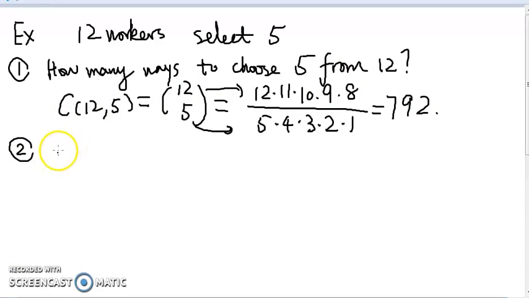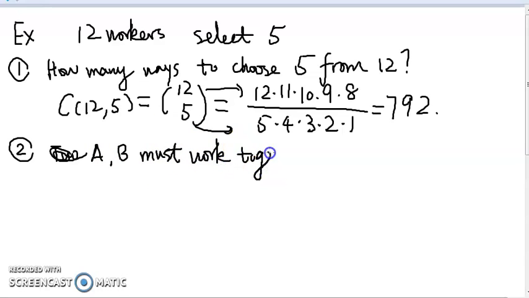Suppose 2 people must work together, so let's call them A and B. That means if you choose one of them, you must choose the other. But if you don't choose one of them, then you cannot choose the other either. To do this, we still need to find out how many ways to choose 5 people from 12.